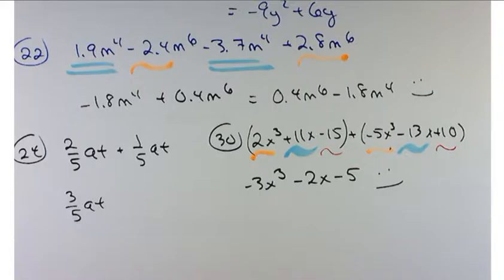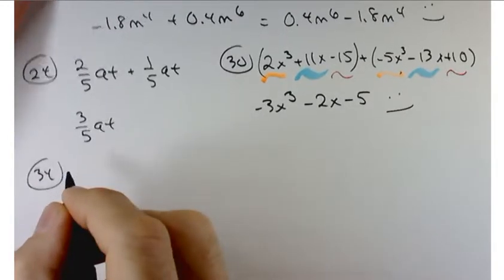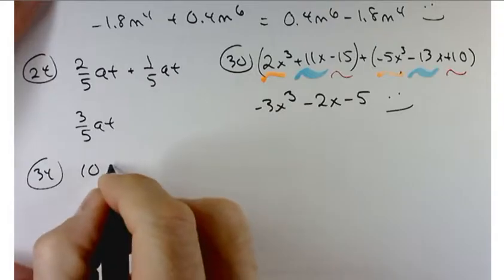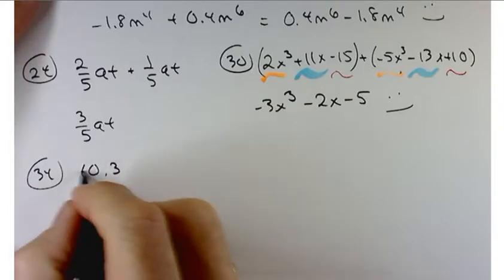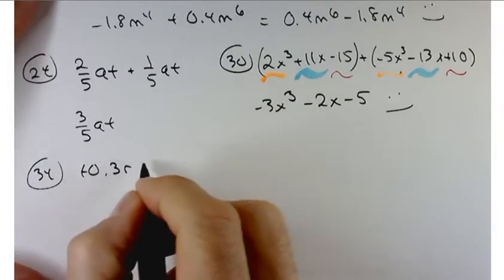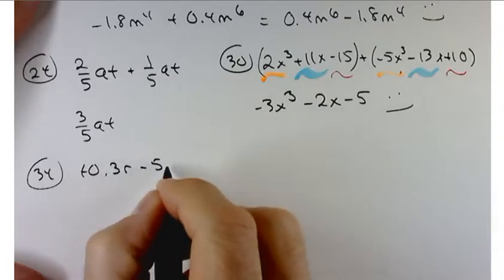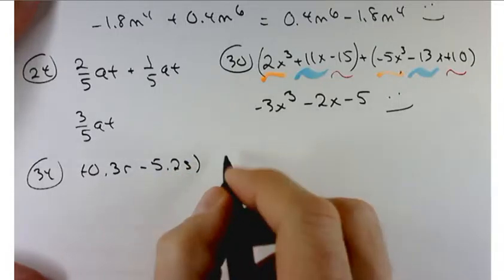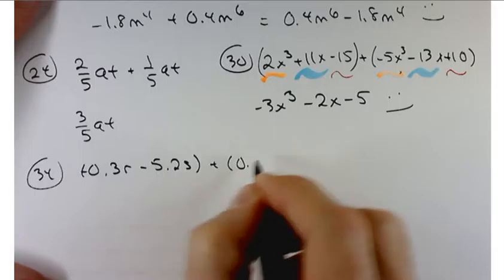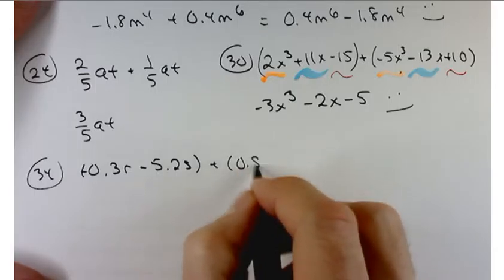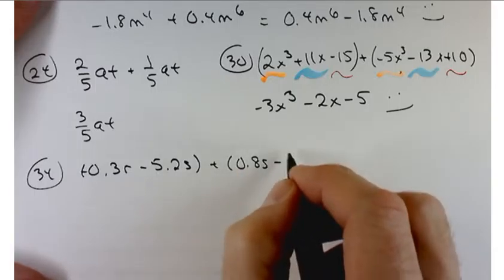Let's keep going. Problem number 34. Negative 0.3 R minus 5.2 S plus 0.8 S minus 5.2.